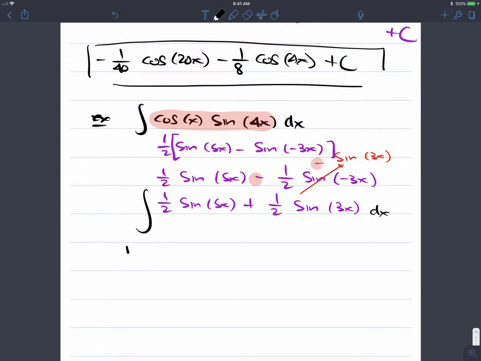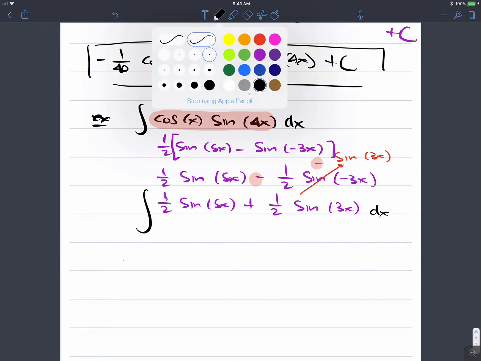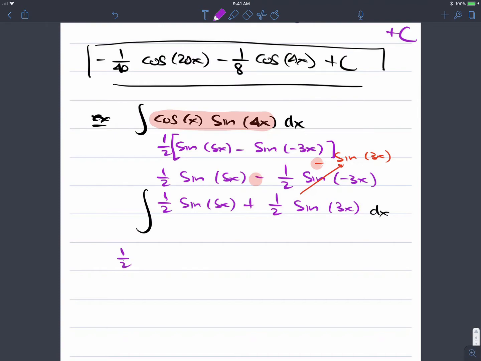So by properties of integrals, you get the following. One half times the integral of sine 5x dx plus 1/2 times the integral of sine 3x dx. Okay, let's write that a little nicer.